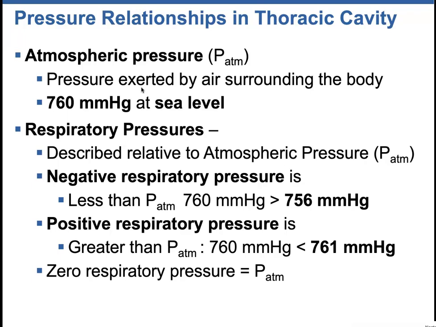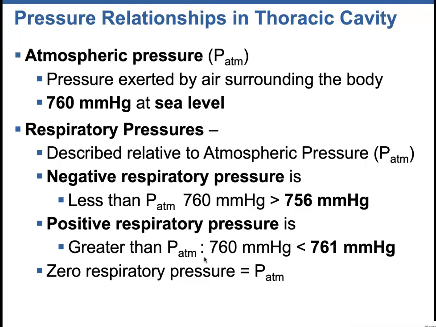Now we want to exhale. So now the diaphragm creates positive pressure as it goes back to its original resting length, which means it relaxes. As that happens, it causes the lungs to deflate because it's pushing up on the actual lungs, and that creates the pressure to force the air out.